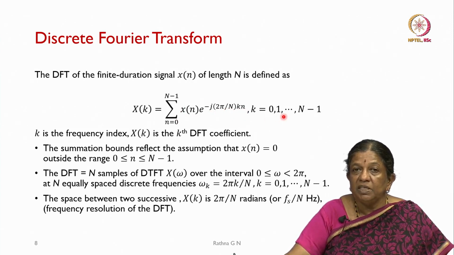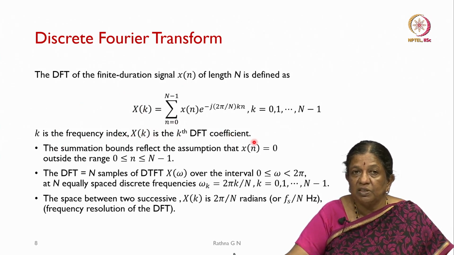k will be varying from 0 to N minus 1, and n is varying from 0 to N minus 1. So, we call k the frequency index. We say X of k is the kth DFT coefficient.